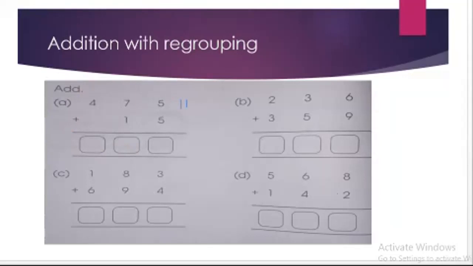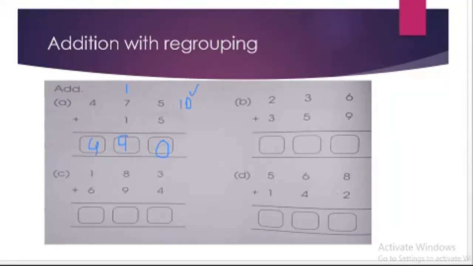That everybody knows. So you just write it at the side. 0 will come down and 1 will be carry on. Yeah. 7 and 1 makes 8. And don't forget to add carry on. The answer is 9. And the 4 has no number to add to it. So 4 will come as it is. 490 is your answer.